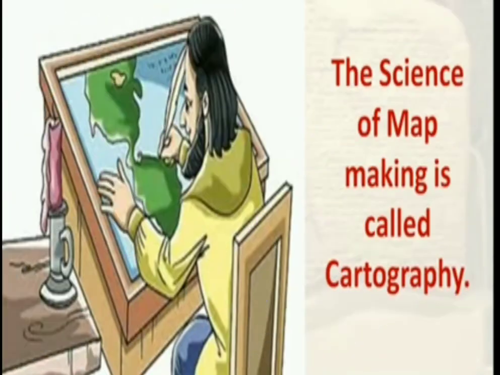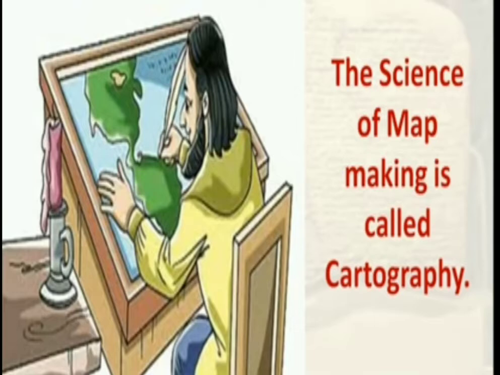Some of them are described as follows. First one, the science of map making is called cartography. The person who draws maps is called a cartographer.